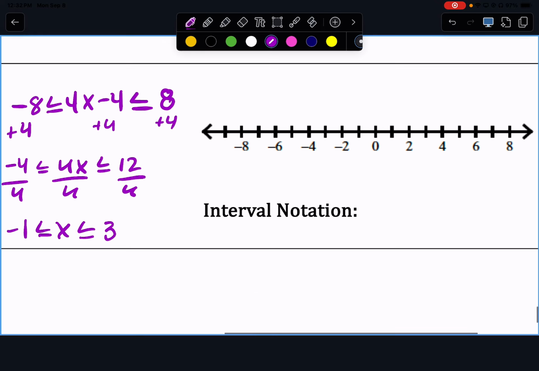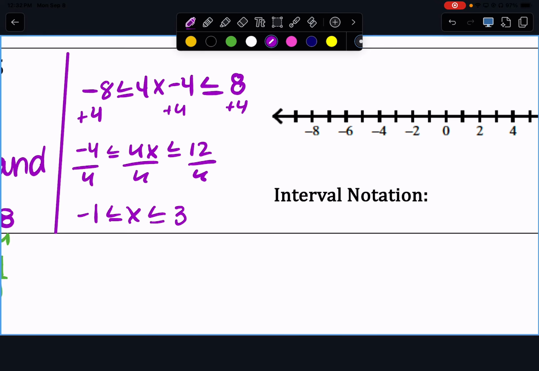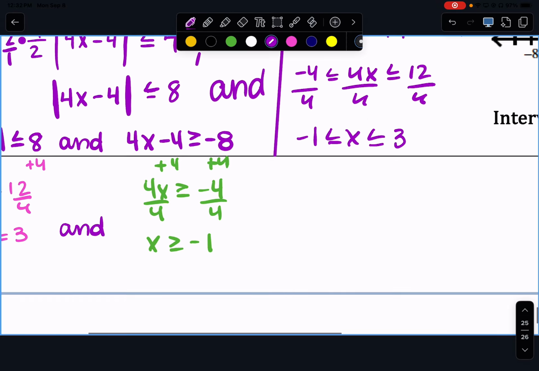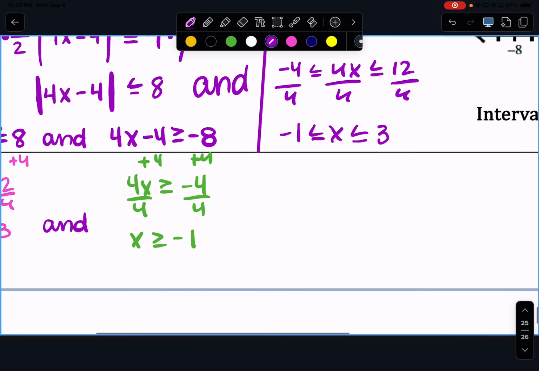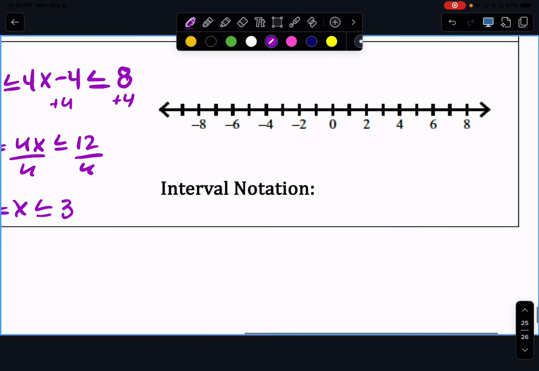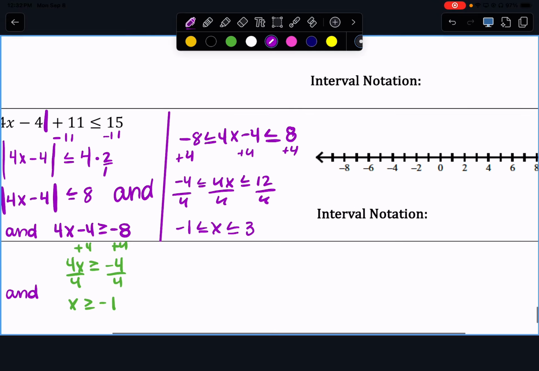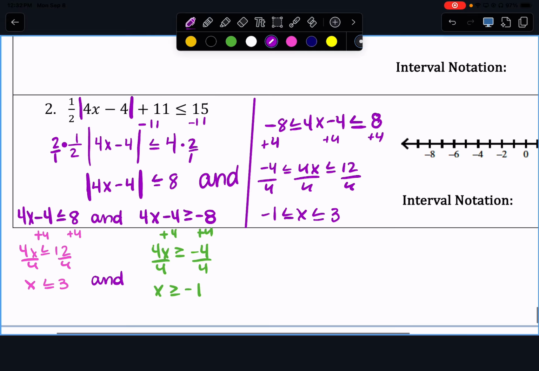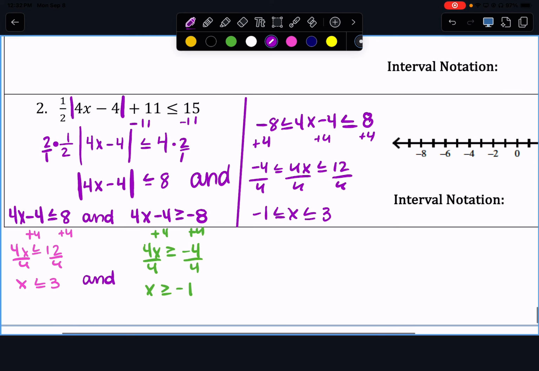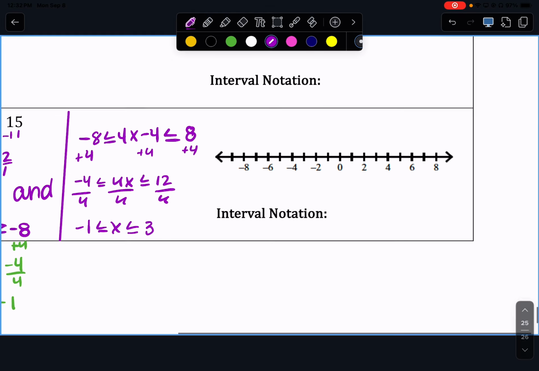What should your answer be for this one? So from -1, okay, we have x is less than or equal to 3 and x is greater than or equal to -1, or you can say -1 is less than or equal to x is less than or equal to 3.